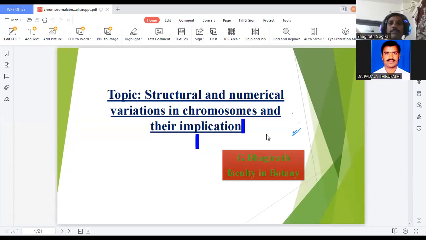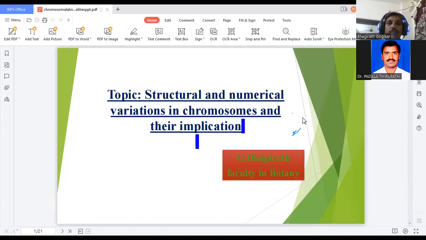At the time of cell division, these chromosomes undergo some changes. These changes result in phenotypic changes, so traits or characters change in the next generations. The changes found in chromosome structure may be a minute change, or sometimes a very large change.